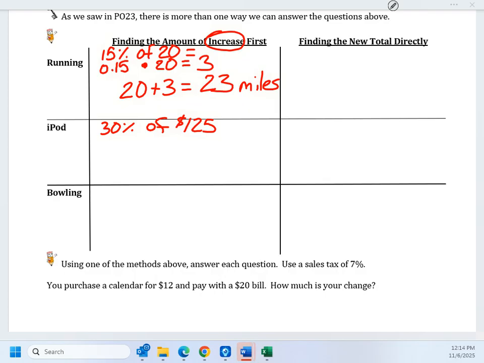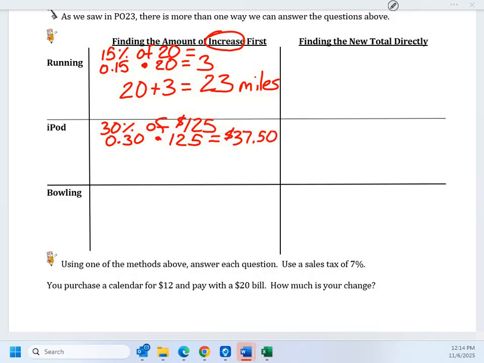What calculation am I going to put into my calculator? Finley, 0.30 times 125. Yeah. 0.30 times 125. How much money is my increase going to be, Bo? 37.5.